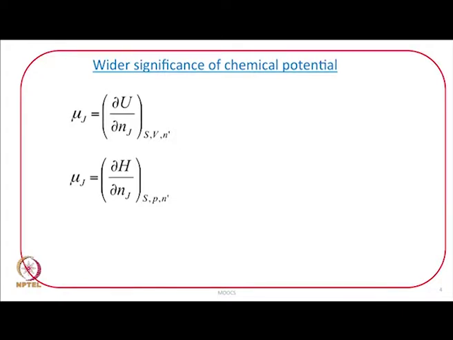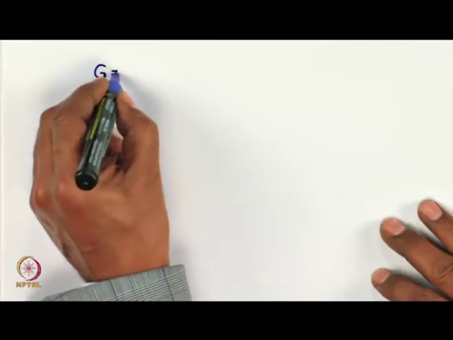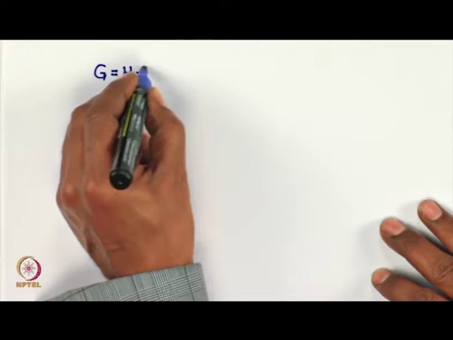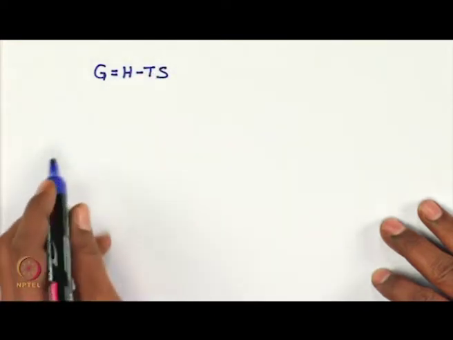And here once again I will start with G. Every time I will start with G because I am going to use the expression for dG. And since I am interested in establishing relation with enthalpy, I will use G is equal to H minus TS.